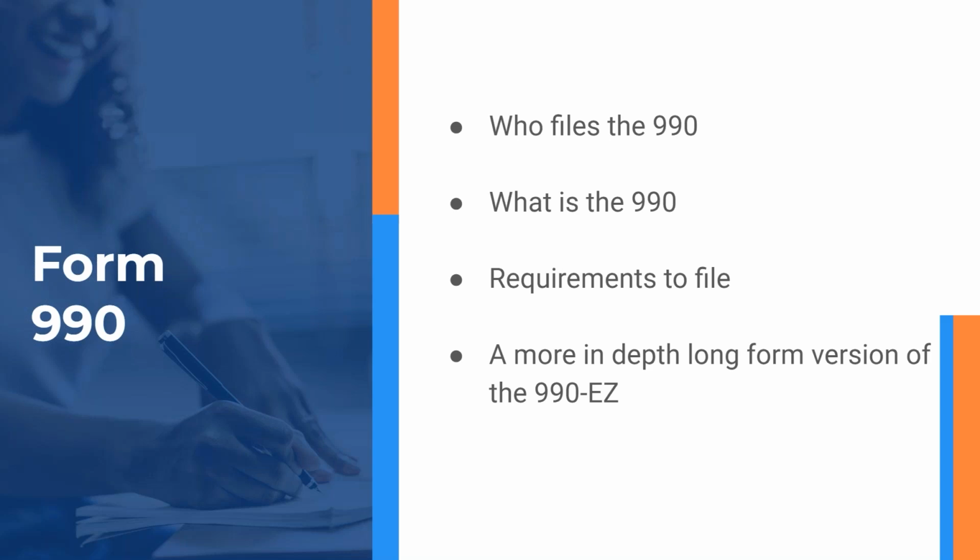IRS filings and compliance are questions about adherence to regulations. Governance is information on leadership and policies. Compensation is details on pay for leaders and key staff members. Revenue is a breakdown of your income sources. Expenses is where you itemize your spending.